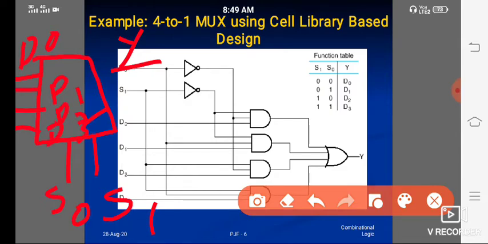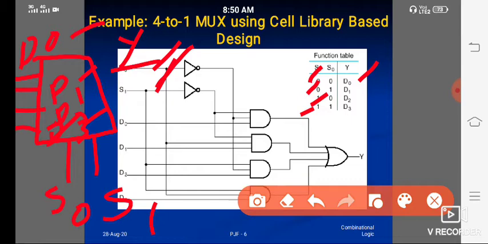First we apply the 0, 0 condition, so D0 will appear at the Y output. Next 0, 1, so D1 will appear at the output. Then 1, 0, so D2 will appear. Then 1, 1, so D3 will appear at the output.